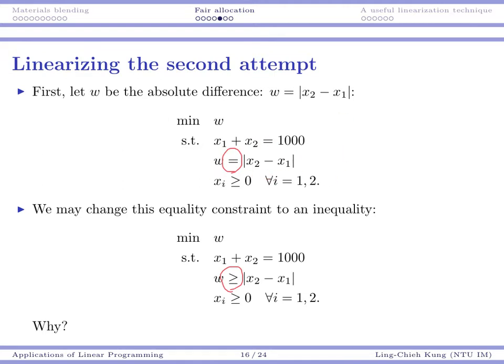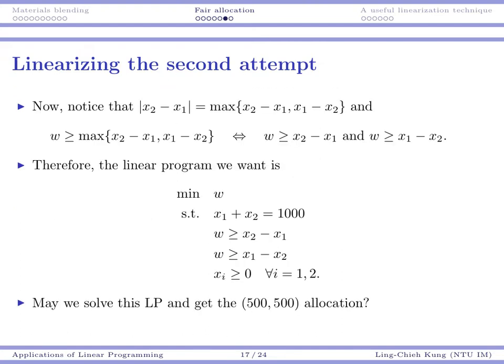So these two programs are the same, or are equivalent. Now, we know that an absolute value function is nothing but a maximum between its value and its negation. To really see it, you may want to draw a graph like this.